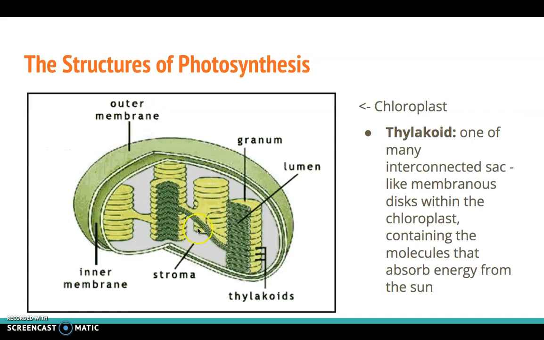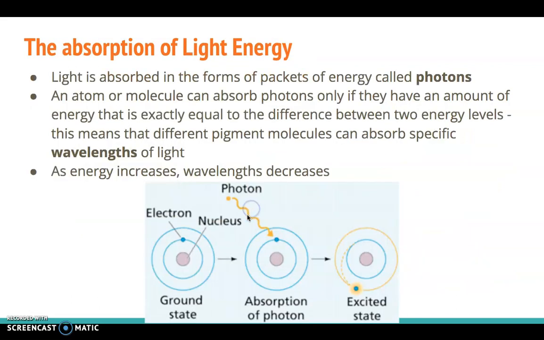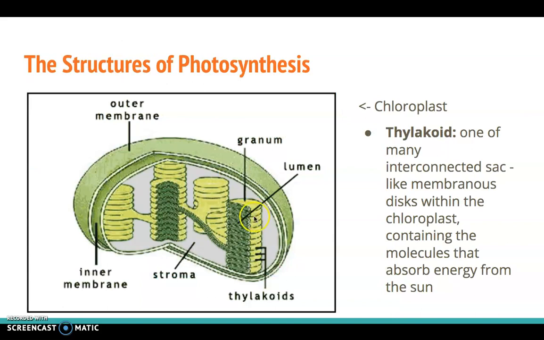So again, we're looking at the actual chloroplast itself. This is an entire single chloroplast. The thylakoid is one of many interconnected sac-like membranous discs within the chloroplast, containing the molecule that absorbs energy from the sun. One of these disc-like structures is the thylakoid. It looks kind of like a pancake, and that's the actual thylakoid itself.